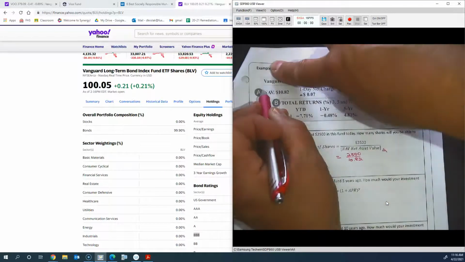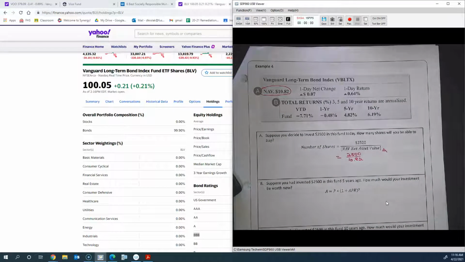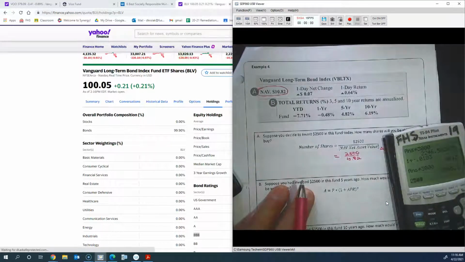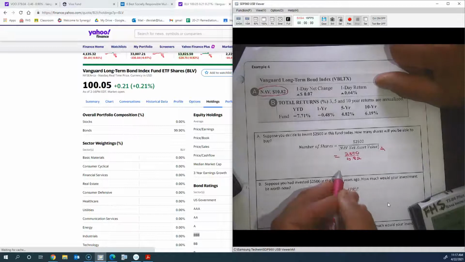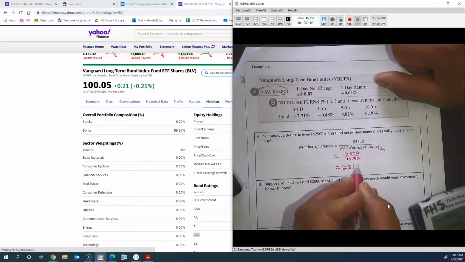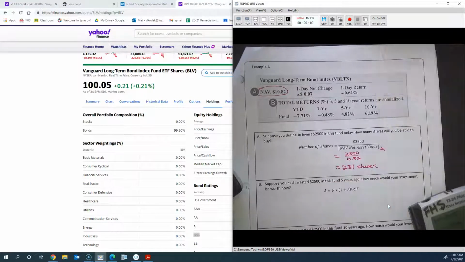The NAV is just the cost. So we're going to be able to get a lot of shares. 2,500 divided by 10.82, we could get 231 shares, because it's only $10 a share.